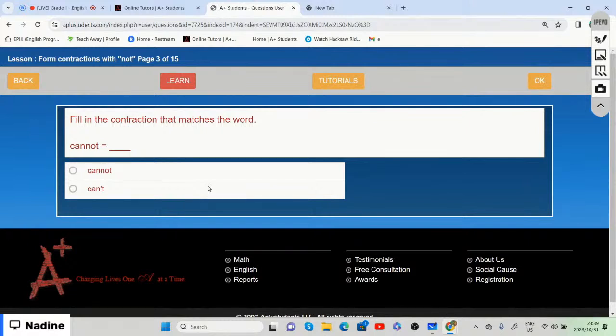All right, so if we fill in the contraction, our word is can't. So the word can't is basically the contraction of can not, because remember, we said that word is special. So can't is correct.